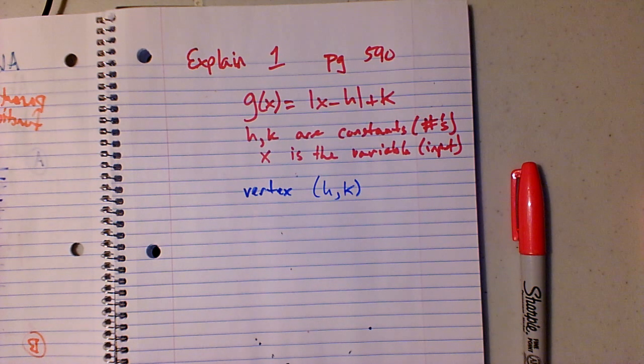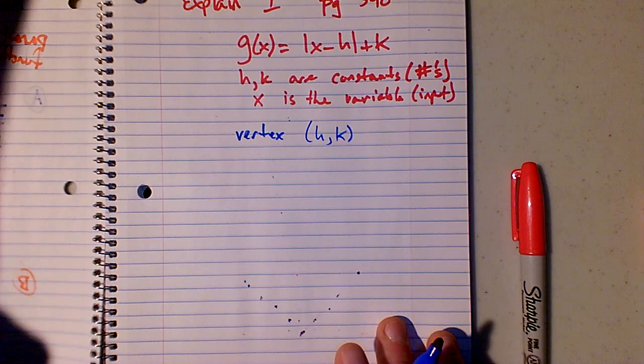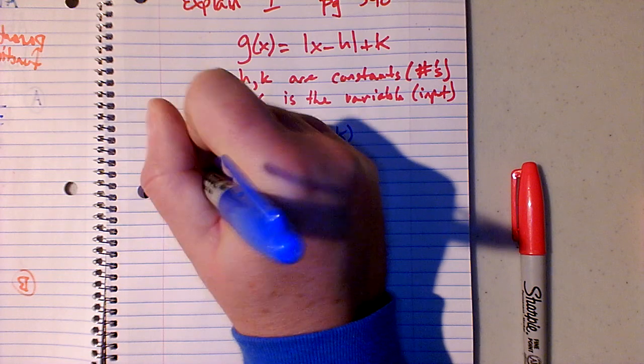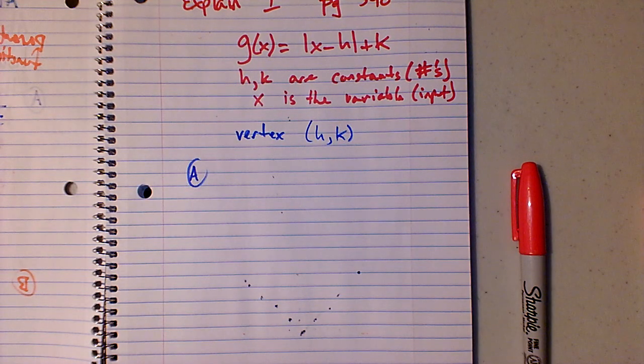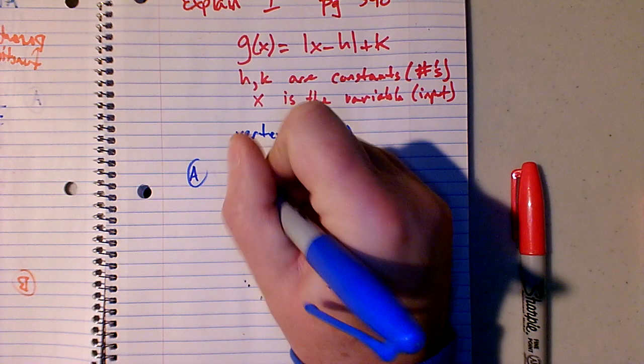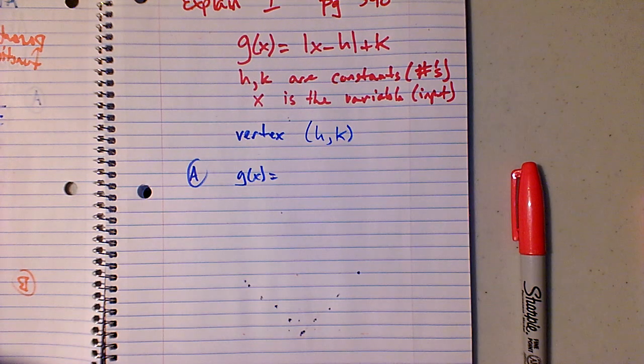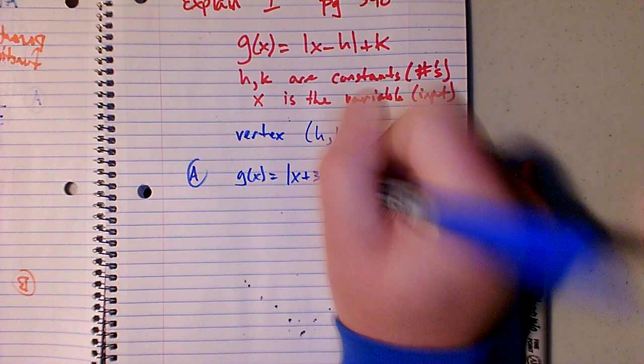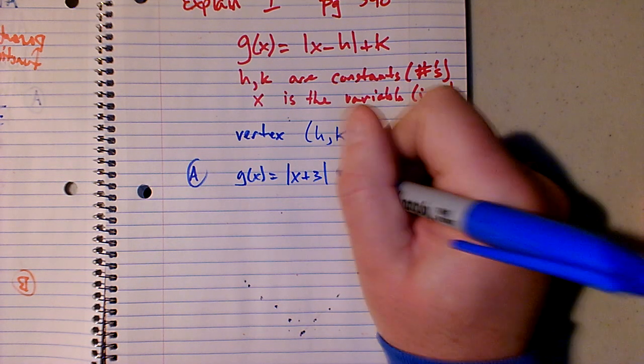So let's look at part A on page 590, and because we did this activity yesterday, I'm going to streamline part A. We have the equation g of x is equal to the absolute value of x plus 3, minus 5.